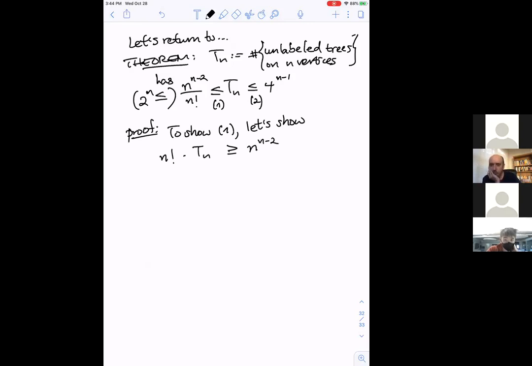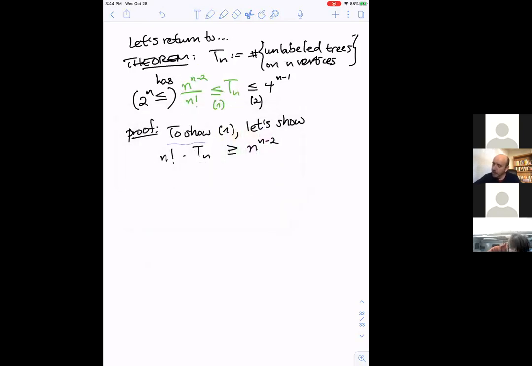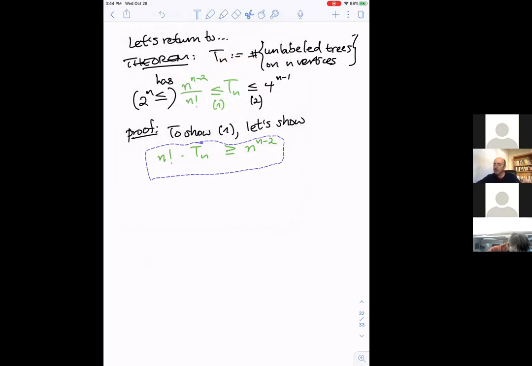All right. Notice what is 1 saying? Let me emphasize what the assertion is. That's the assertion in green, and I'm claiming that that assertion is the same as this green assertion, because all I did is just clear the denominator.